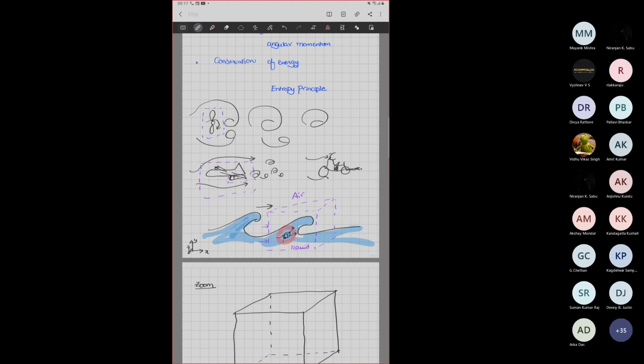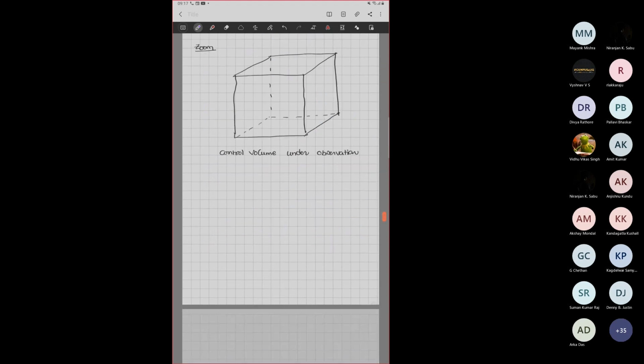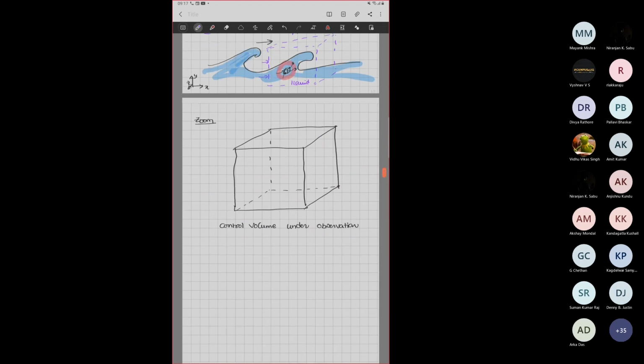In Eulerian coordinates, you stand at one location, fix something like a control volume, and try to observe what is happening. If I zoom in on one particular coordinate system, I fix the coordinate axes: this is the x-axis, this is the y-axis, and let us call this the z-axis. The origin can be anywhere.